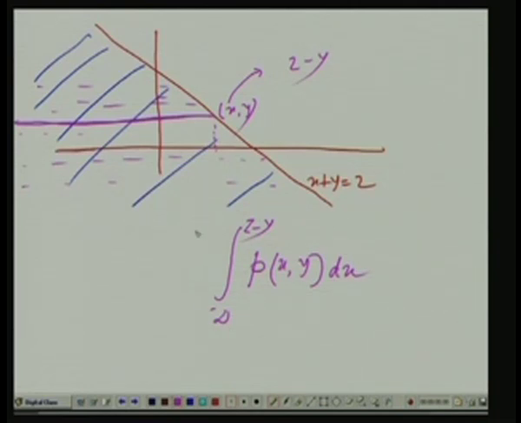And then I have an outer integral with respect to y. That will go from minus infinity to infinity, dy. So, the entire integral is a function of z only, and that will be equal to F_Z(z). This z is the given z.